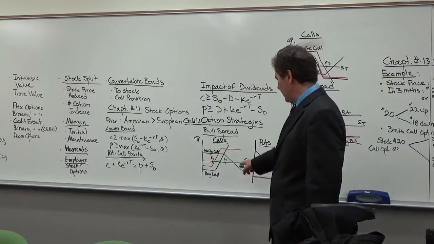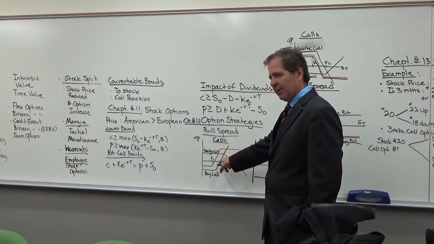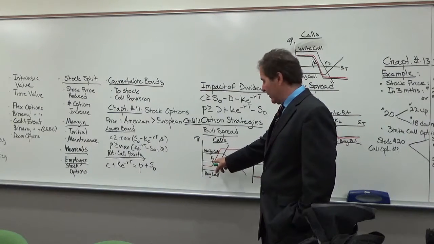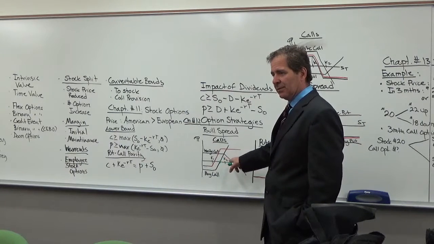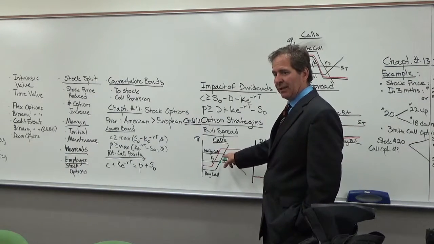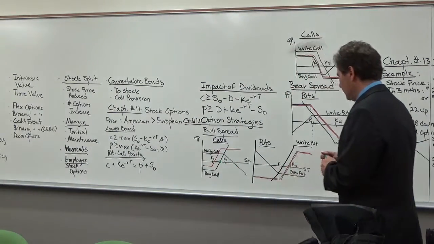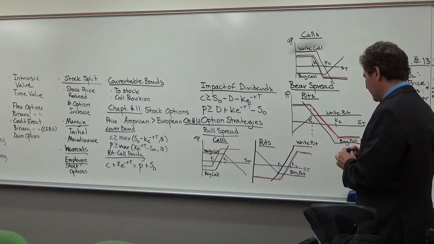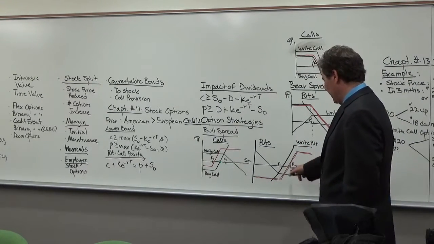So you're not going right to the strike price, right? The strike price is back here, so you're going to have to be more in the money in both of these trades to be able to get them to work. And then for the put option, you're writing the put, and then you're buying the put.